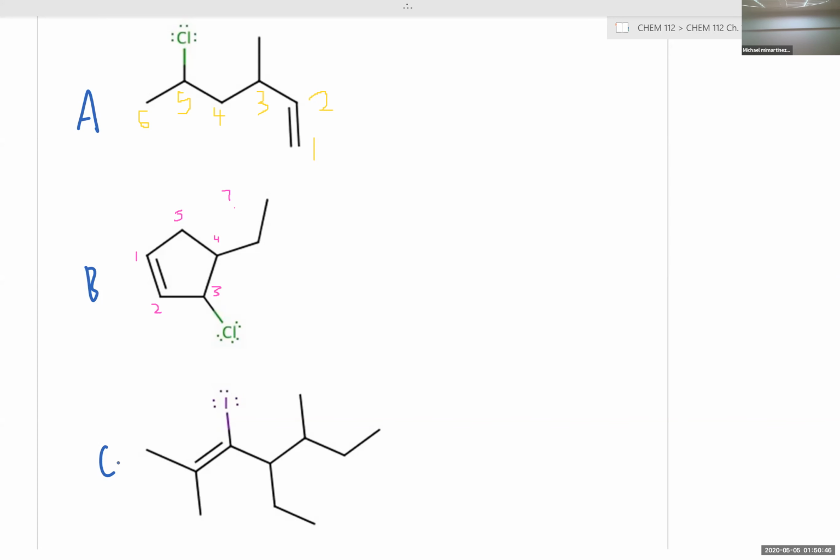And try naming your substituents. You can even try writing both the names possible for B and see which one is preferred.